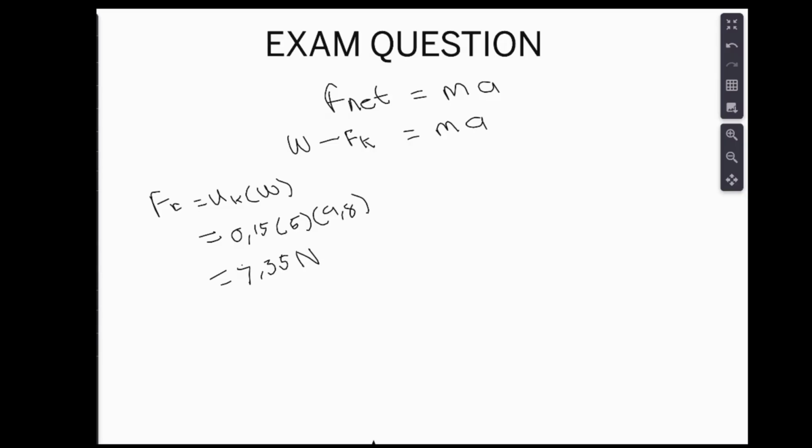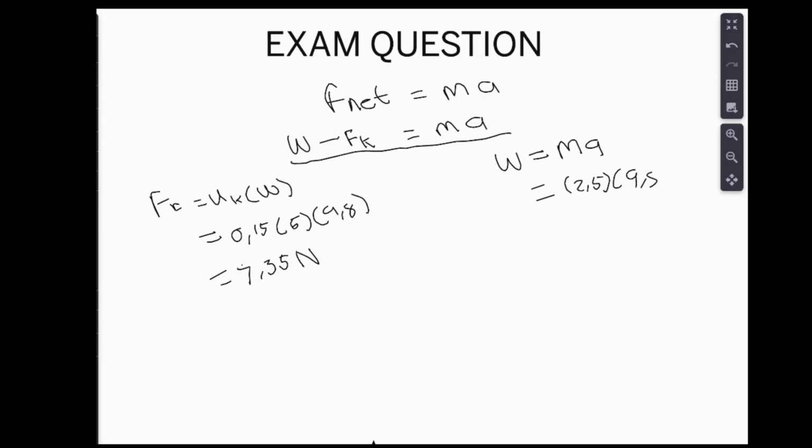Okay, remember we still have this formula here. But F net must also consider the 2.5 kg block that is being pulled down by gravity, right? So the weight of the whole system is being pulled down by the 2.5 kg block.